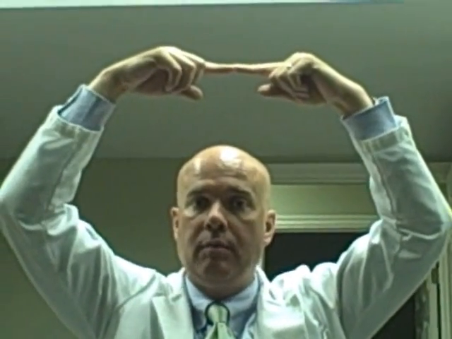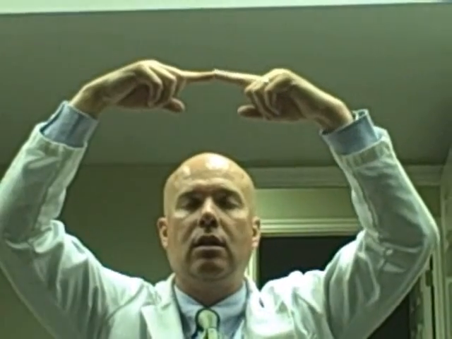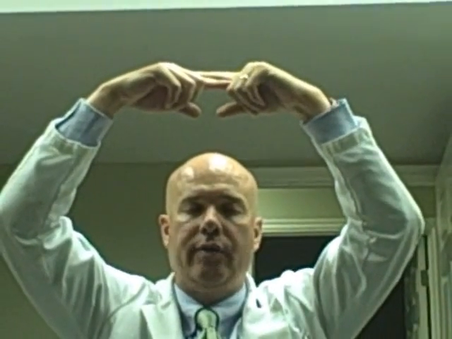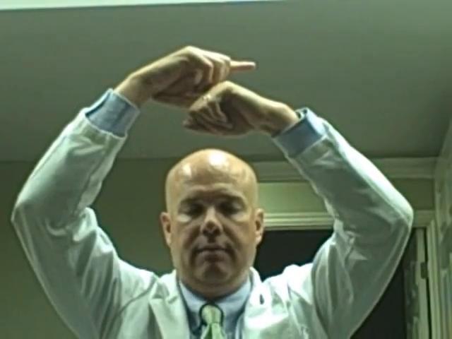If there is a problem, what will happen is as you get up here, you're going to start searching, and then you'll find it, or you'll bring it up and overshoot, or you'll bring it up and miss entirely. So if you're able to bring them together just fine, that's great, no problem. If you do any of those three things where they're searching, overshooting, or missing entirely, you've got a problem.